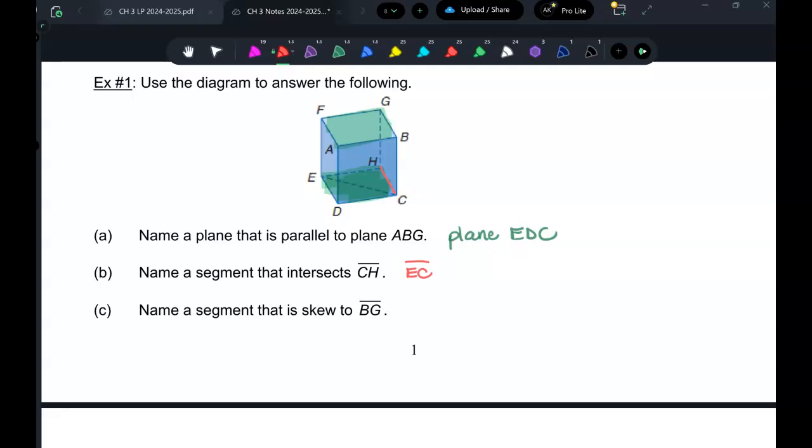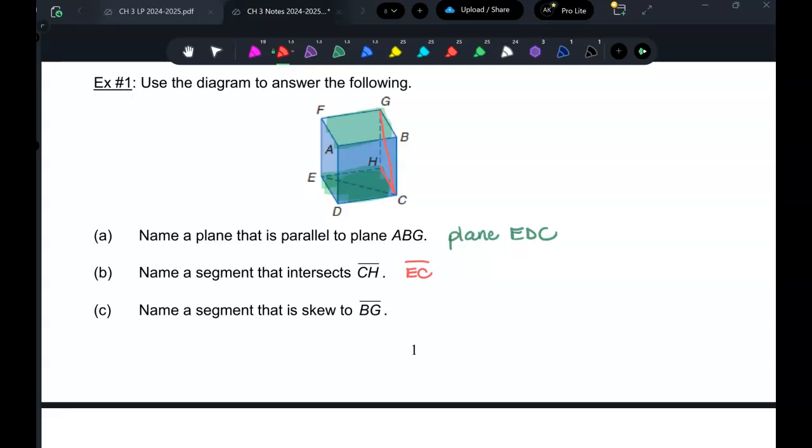Couldn't we also say it could be GC? Yeah. Even if a segment is not drawn, you still could connect them and make a segment. For the example of GC, I don't have a line segment drawn there, but if I did, it would have to intersect. So even if it's not already there, you can use that as an option.